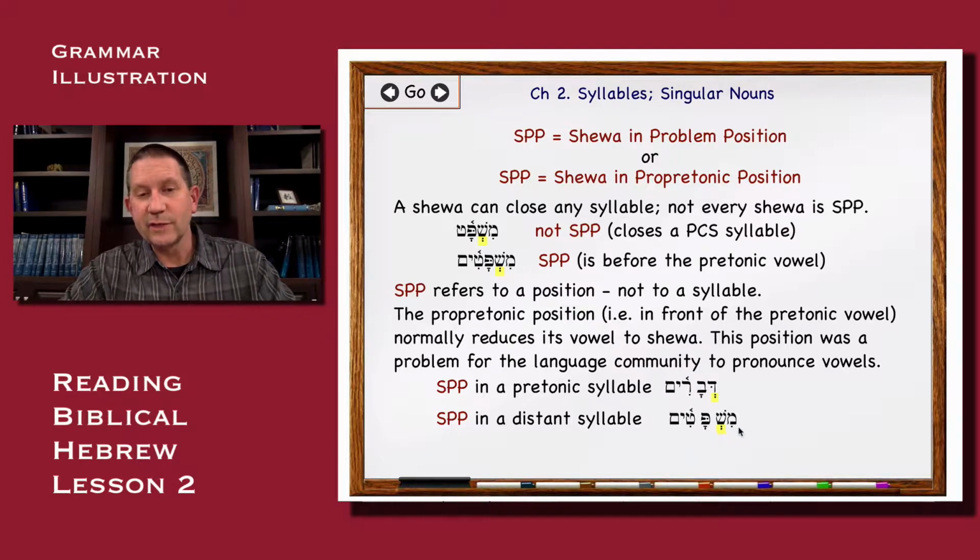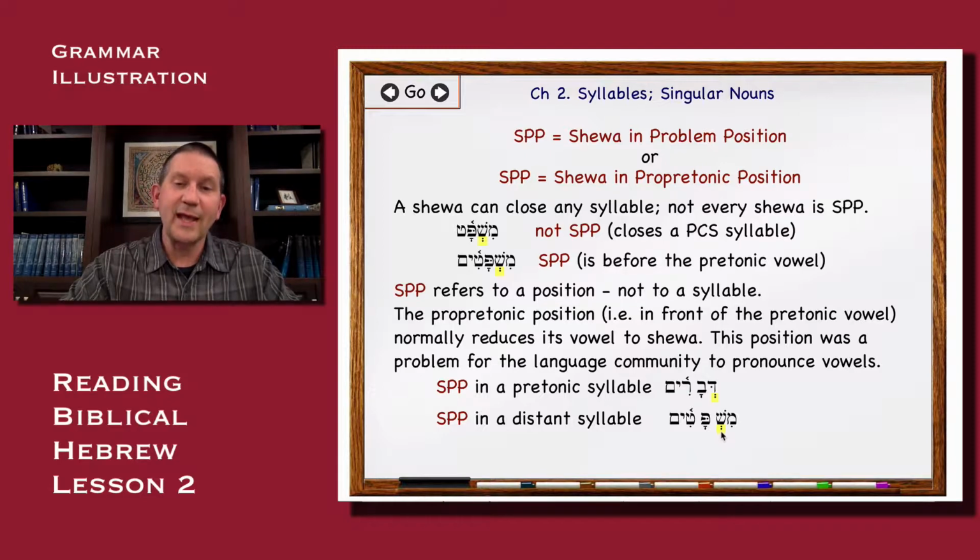And because there is something out in front, the shin, the shava in problem position has to be in the distant syllable. This shava is a vocal shava. This shava is a silent shava. This shava is in the pretonic syllable. This shava is in the distant syllable, but they are both shava in problem position.